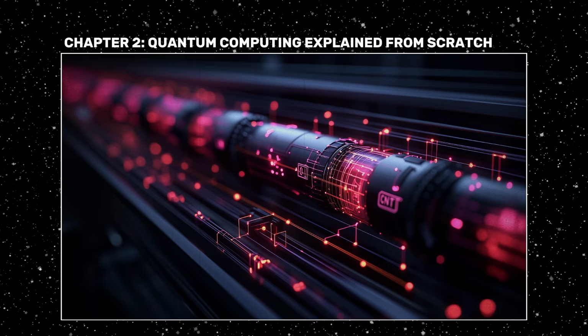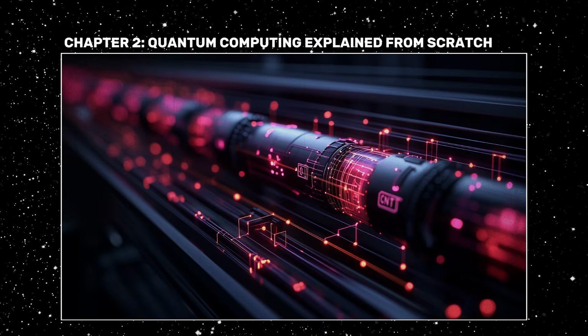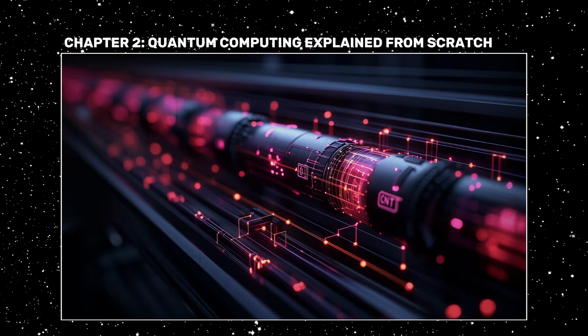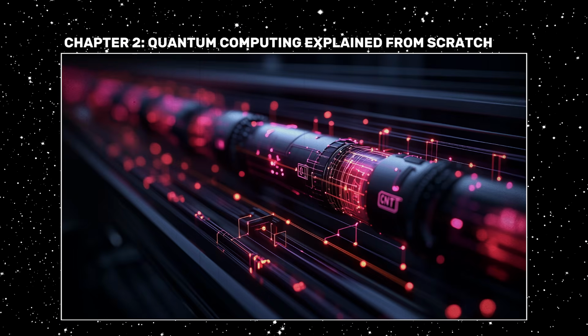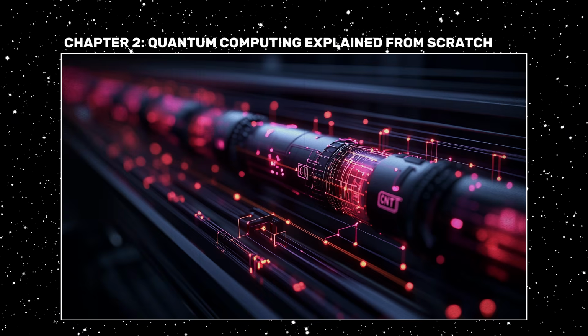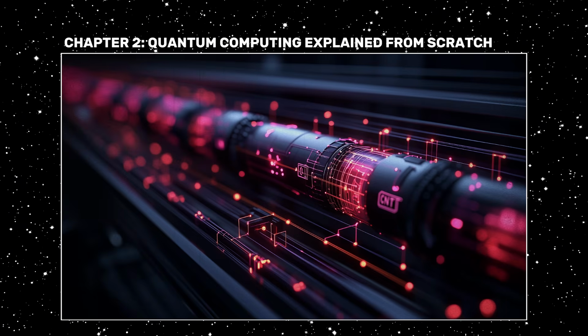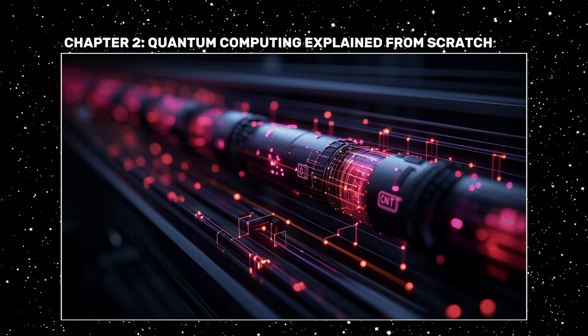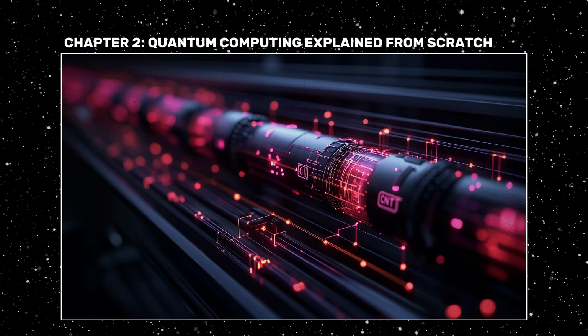Quantum advantage refers to the point at which a quantum computer can solve a problem faster or more efficiently than the best-known classical algorithms on classical hardware. Early demonstrations of quantum advantage have focused on narrowly defined tasks, such as sampling from specific probability distributions.